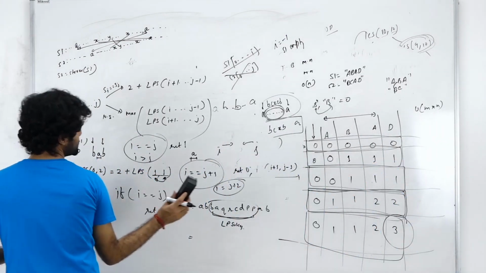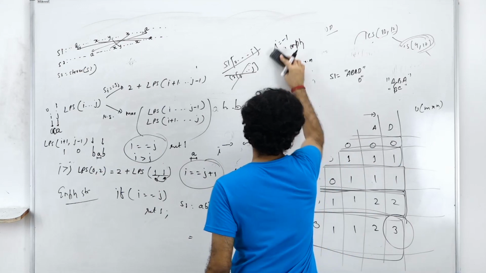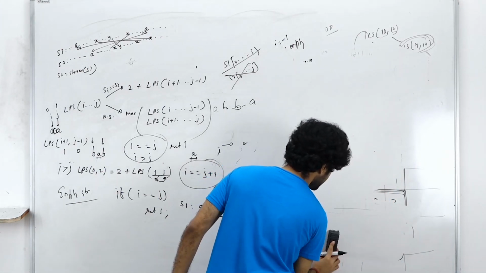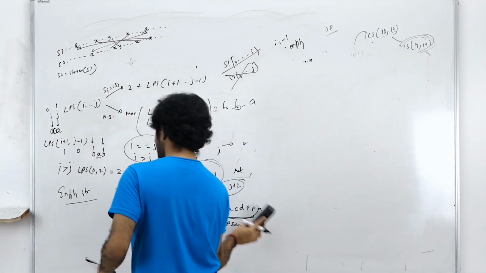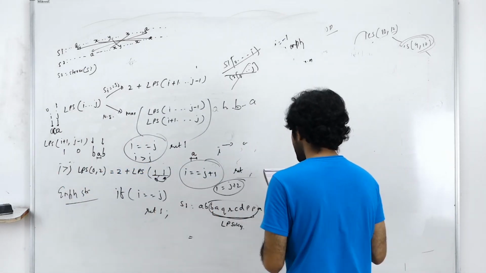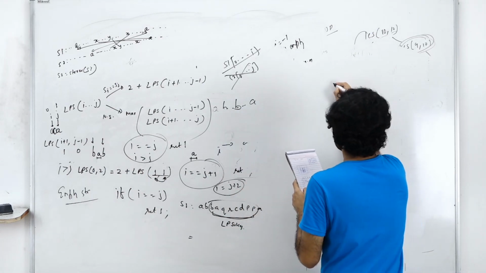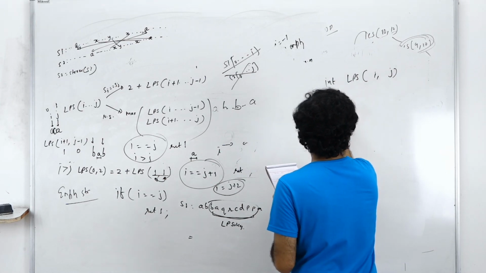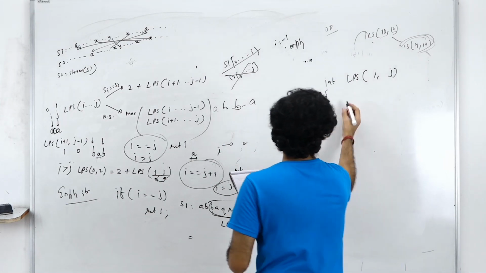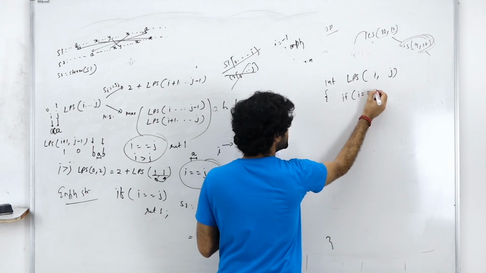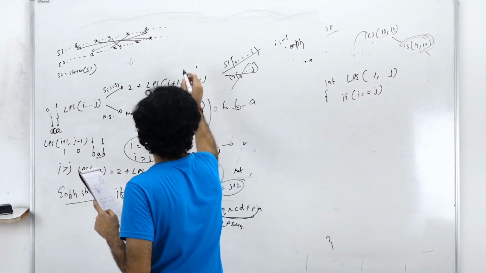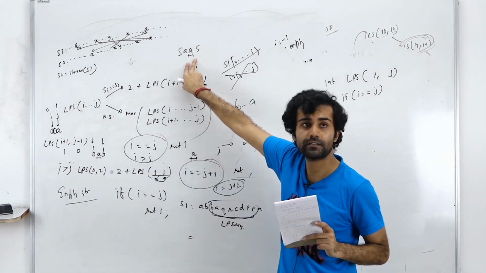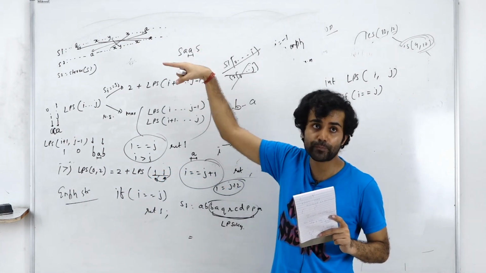Okay, so let us write it actually. This is, by the way, the second approach of this question. The first approach was LCS based, that was very easy. So let's say int LPS(I, J). First I'll write my termination condition. If I see that my I is equal to J, that means I am considering just a one-length substring and trying to find the longest palindromic subsequence in that.